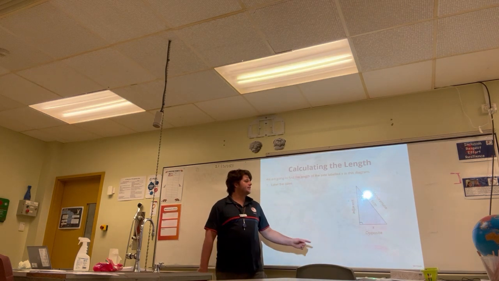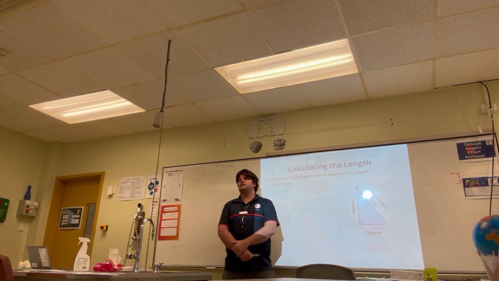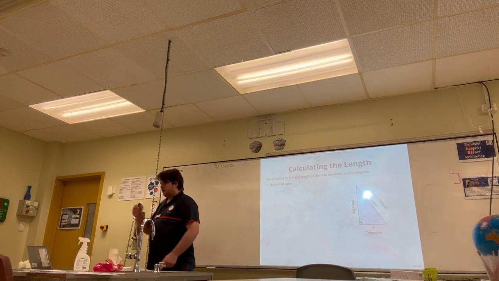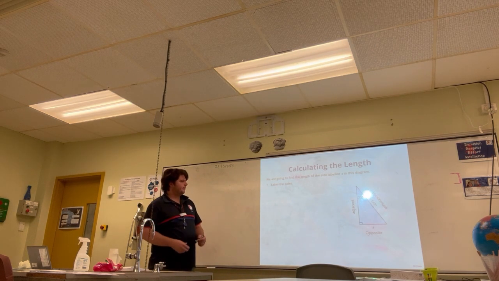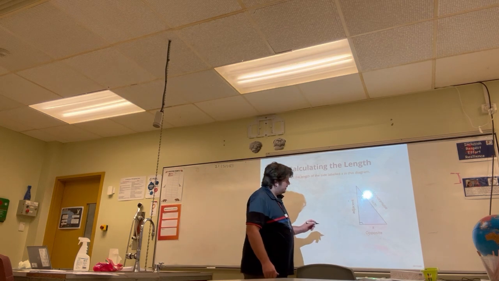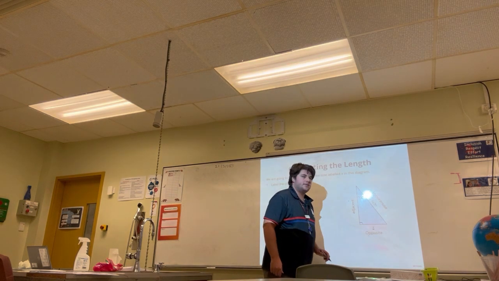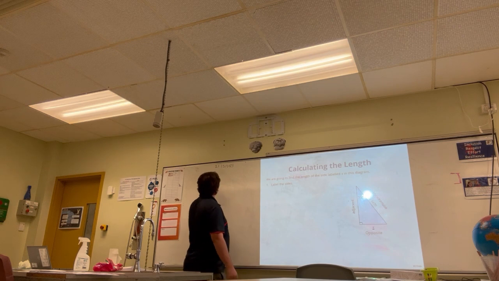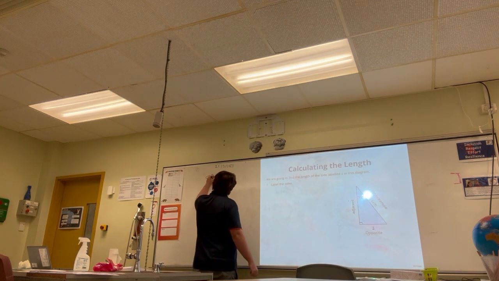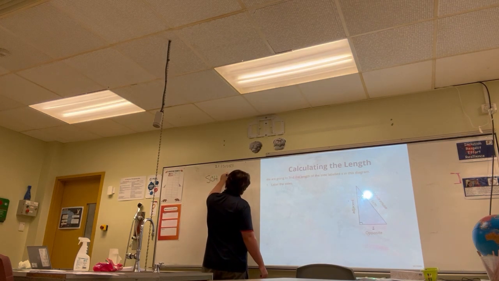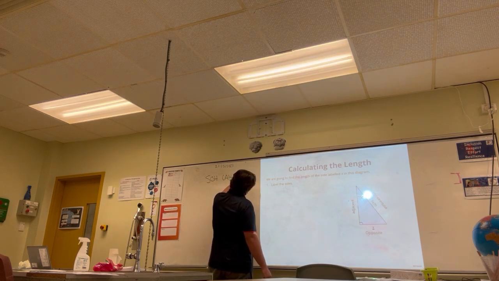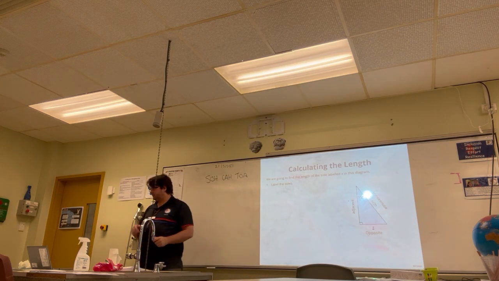And the adjacent is connecting to the known angle. So from what we can gather, x is the opposite. So we need to remember again, SOH, CAH, TOA. Please keep that in mind.